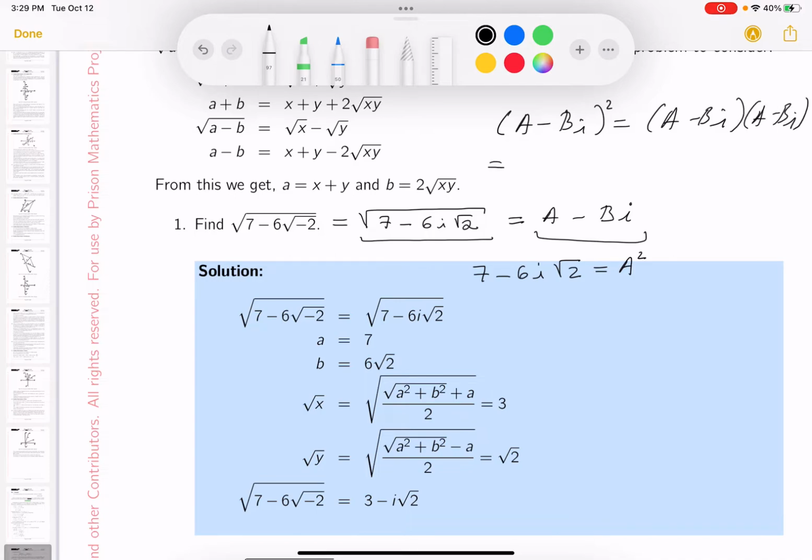Let me multiply that out for you. You get a squared minus abi minus abi plus b squared i squared. And i squared you should know to be minus 1. So what are you going to get? A squared minus b squared. And then what do you get? Well, you get minus 2abi. I'll write that down for you.